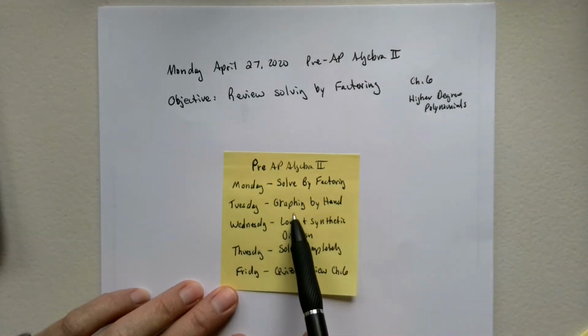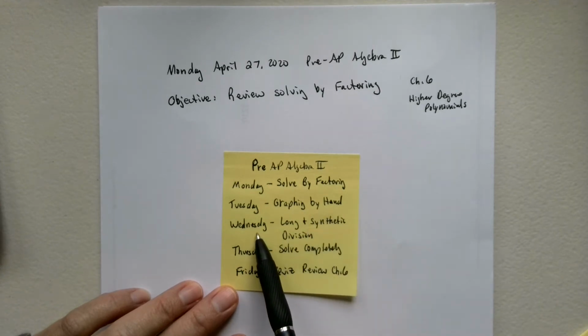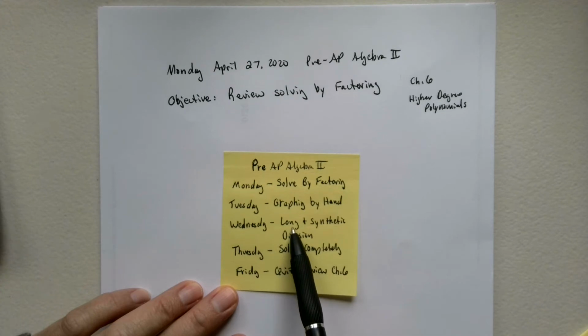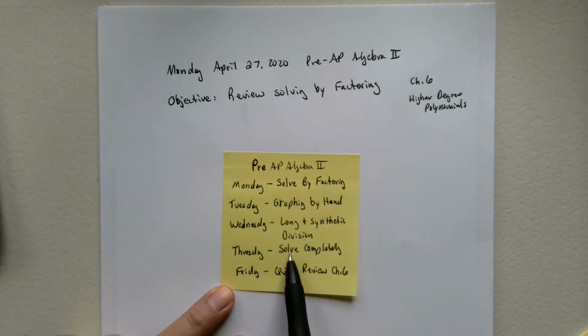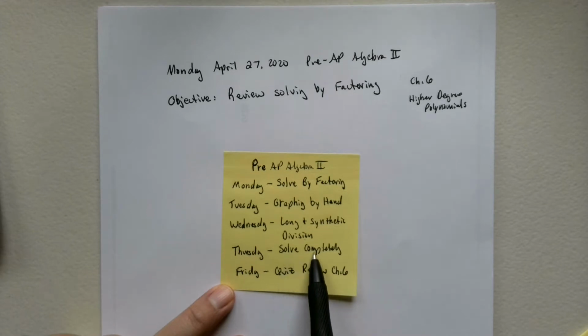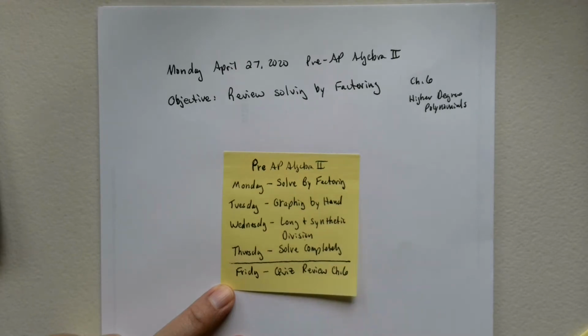So again, on Tuesday, we're going to graph these bigger polynomials by hand. Wednesday, we're going to review the process of long and synthetic division. And then on Thursday, we're going to use that long and synthetic division to solve completely things that we couldn't factor. And then all of your work is due by Thursday midnight again.